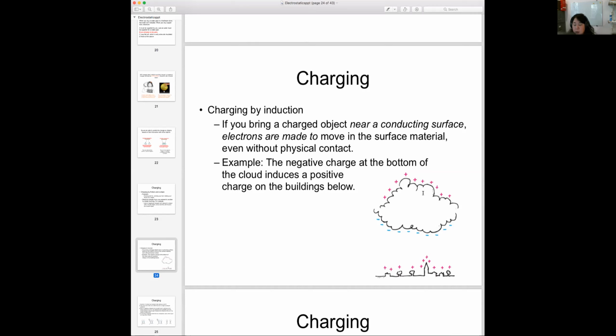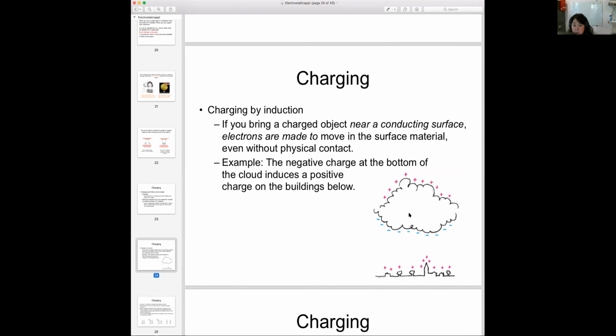Because of that, when you have a thick cloud like this, and the cloud is made of water, and it's very conductive, then because you have a positively charged ground, the bottom of the clouds tends to be negative, and the top tends to be positive.